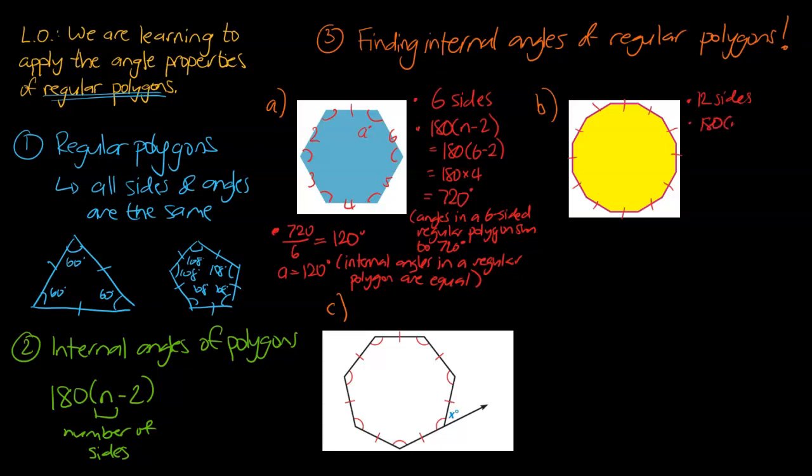So I'm going to write down my formula, 180(n minus 2), which is equal to 180 times (12 minus 2), so 180 times 10, and that is going to be 1800 degrees. What that tells us is that the angles in a 12-sided regular polygon sum to 1800 degrees. So we'll write that down.